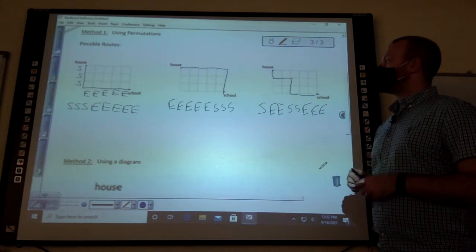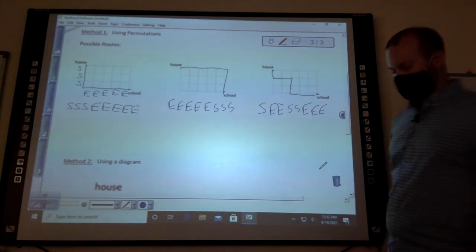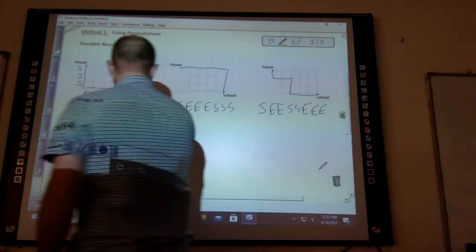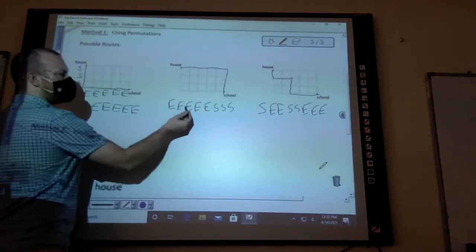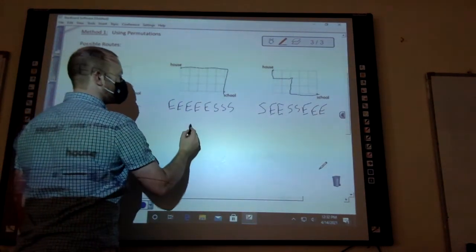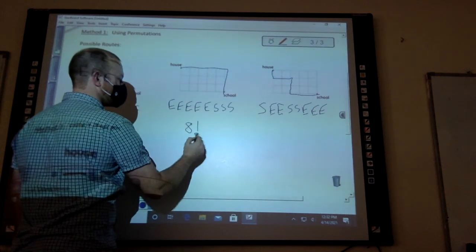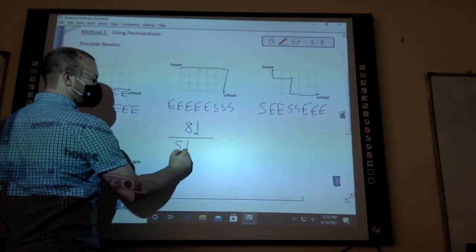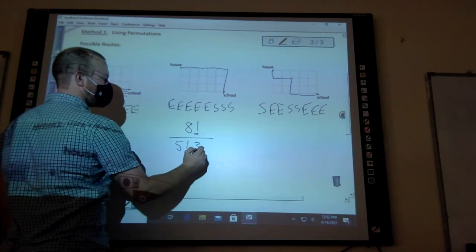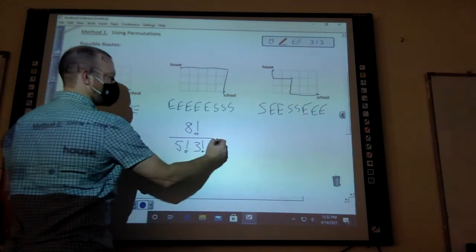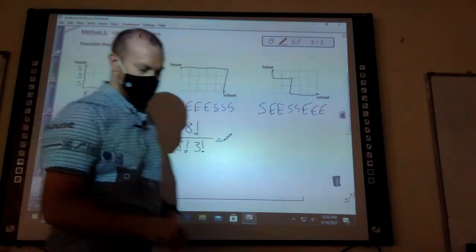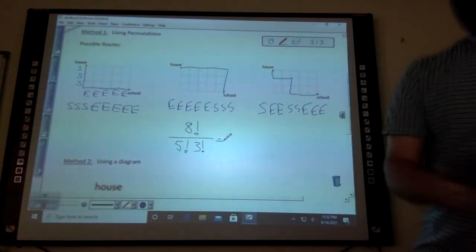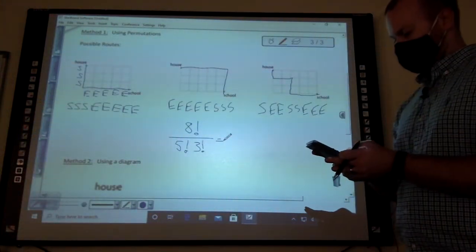So if I wanted to get the total number of combinations, or permutations, with this, I've got 1, 2, 3, 4, 5, 6, 7, 8 total letters. And I've got 5 easts, and I've got 3 souths. This one I also cannot do in my head.